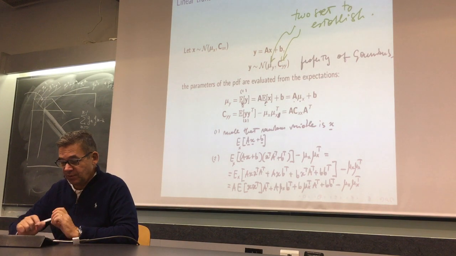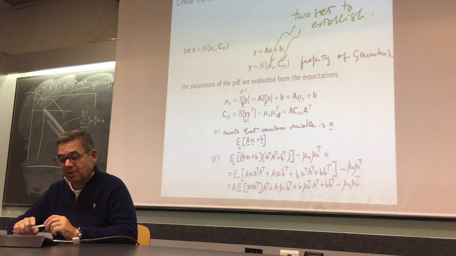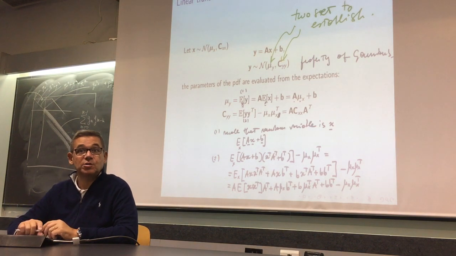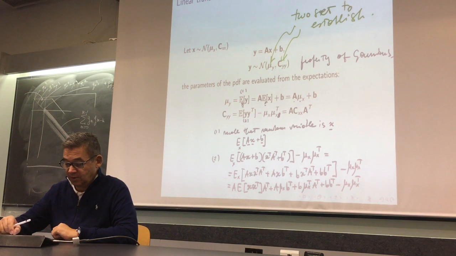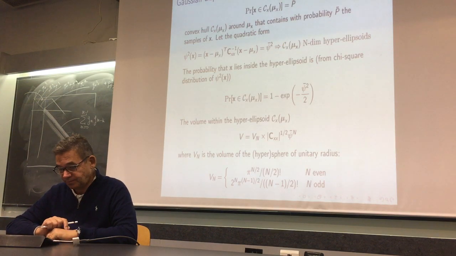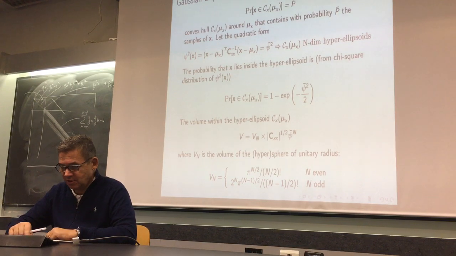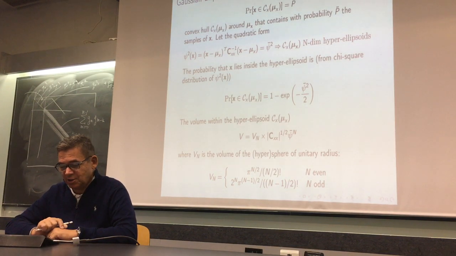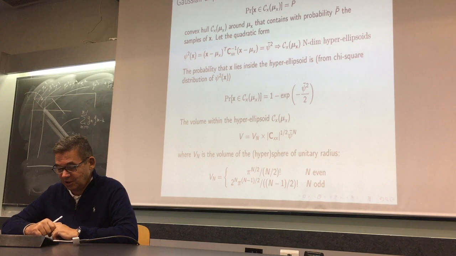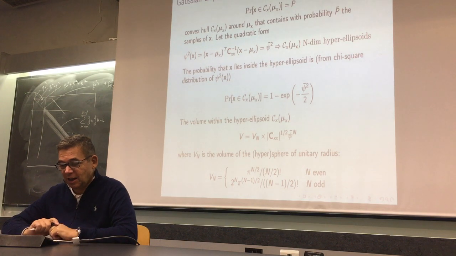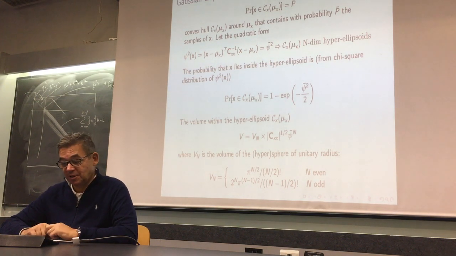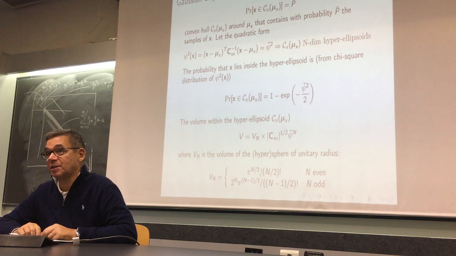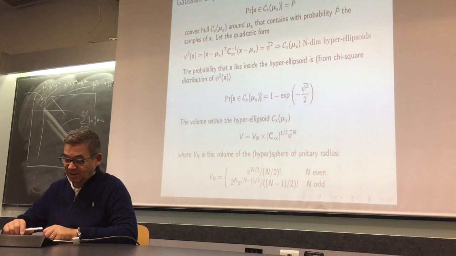Now we have seen several properties about the linear transformation of Gaussians. Let's make a step forward. I forgot: the Gaussian dispersion. It's a very interesting property. The Gaussian dispersion, which I mentioned the other time, is this one.